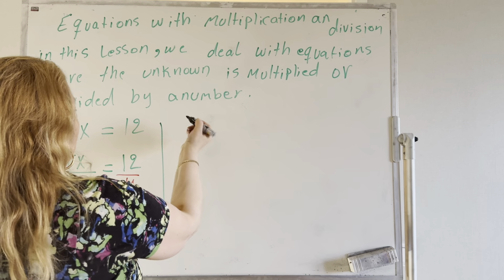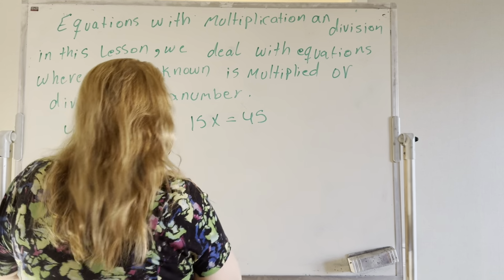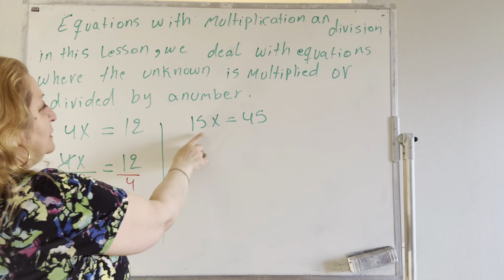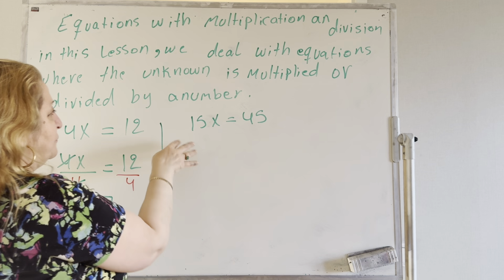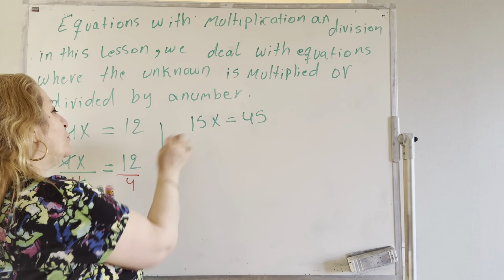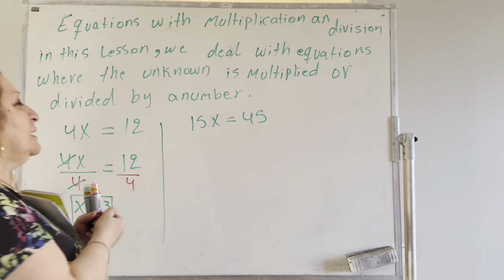If I have 15x equal 45, this is 15 times x equal 45, and I know this is a multiplication here, and I want just x. I want to find the value of x. I need to divide.